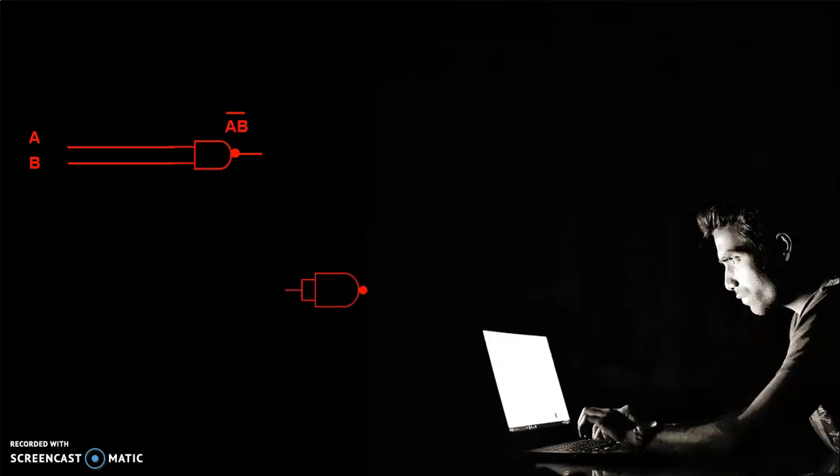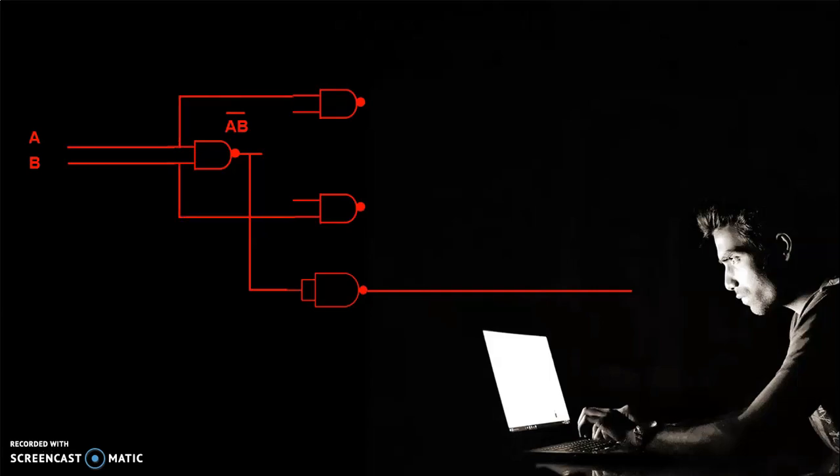So we use another NAND gate as a NOT gate. We give the output A dot B bar as an input to this NAND gate, and we get the output, which is again inverted, so A dot B, and that is our carry. For the sum, again we use two different NAND gates, and we give the combination of inputs.